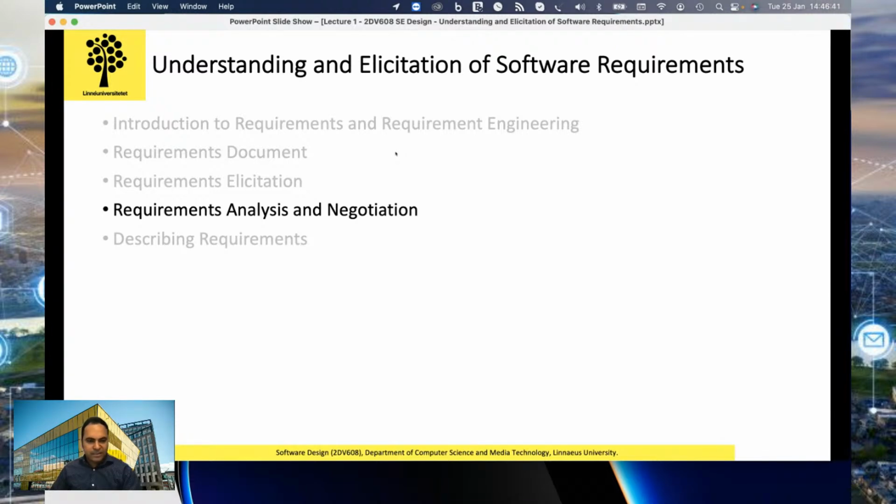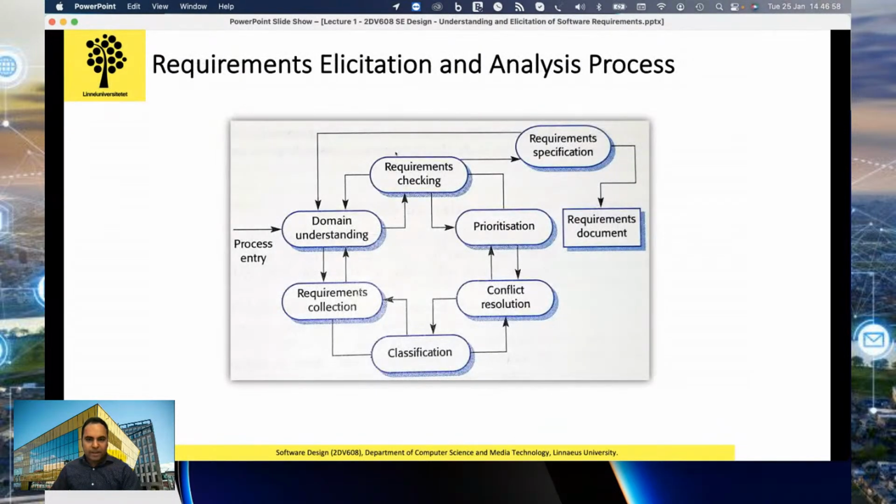These scenarios and stories can also be discussed verbally with your stakeholders rather than done in pen and paper. So once you have these elicited requirements, the next step is to analyze requirements and negotiate with stakeholders. And there are multiple steps also for requirements elicitation and analysis.